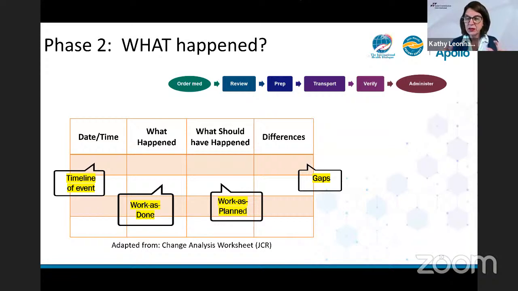Okay. So this is a frequent failure of RCAs. The team does not take the time to understand the details of what happened. We tend to jump right to why it happened before we do this.